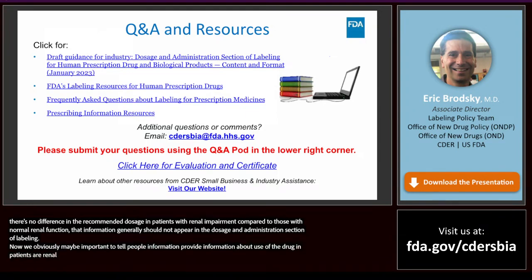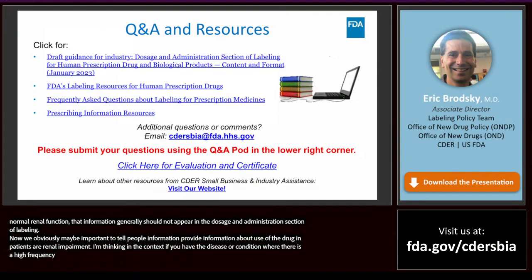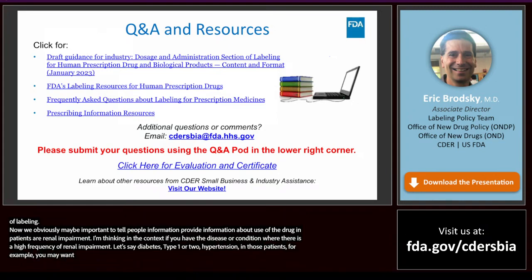I'm thinking in the context where you have a disease or condition with a high frequency of renal impairment, let's say diabetes, type 1 or type 2, hypertension. In those patients, for example, you may want to communicate how to use the drug in patients with renal impairment because a significant percentage of the patients have renal impairment.